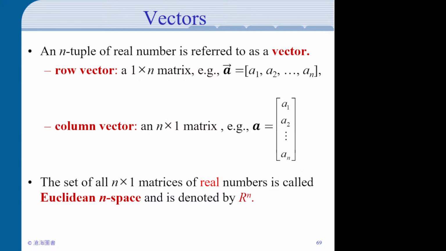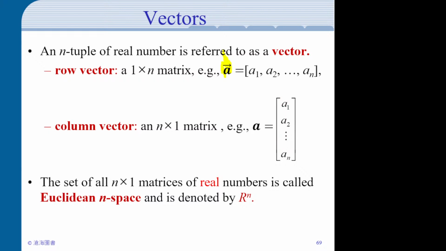In the notation we use in this book, we distinguish between row vectors and column vectors. A row vector is written with a bold lowercase letter with the vector sign on top. Similarly, we have column vectors. A column vector has width 1, so this width 1 matrix is a column vector.